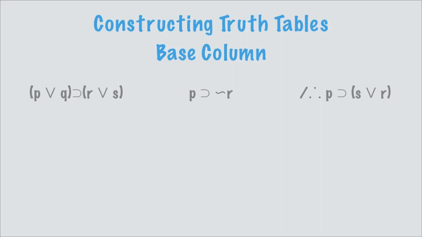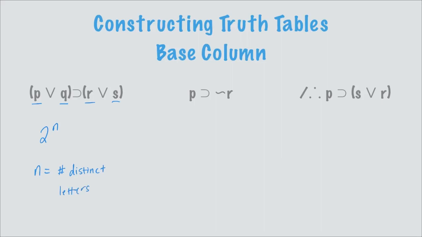Imagine I've got a problem in which I have P, Q, R, and S. So there are 4 distinct variables that I'm dealing with. To determine the base column, I use the formula 2 to the n, where n equals the number of distinct letters or variables.